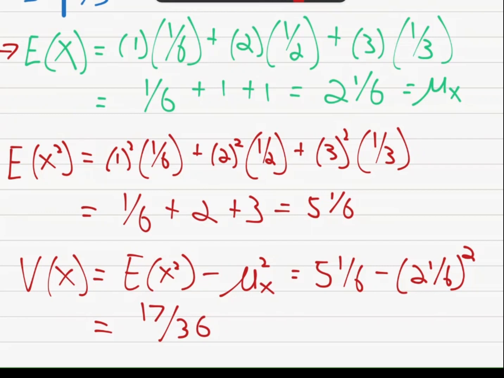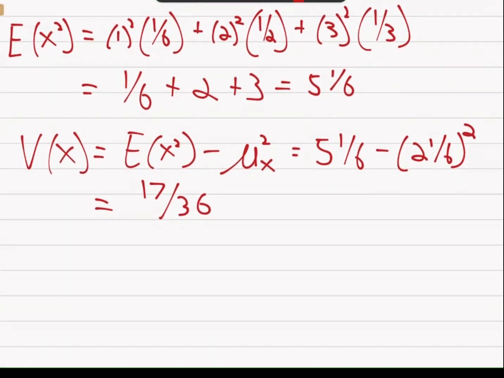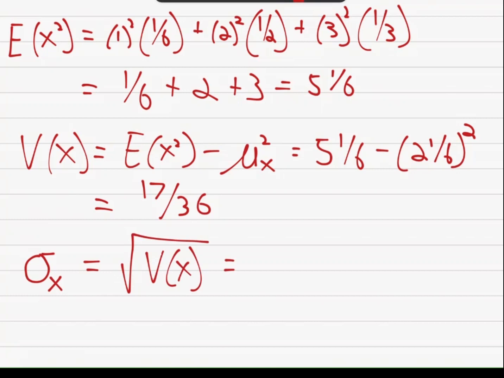Now the final thing is we want to take the square root. The standard deviation, sigma sub x, is going to be the square root of the variance. That is equal to the square root of 17/36, which is approximately 0.687184.